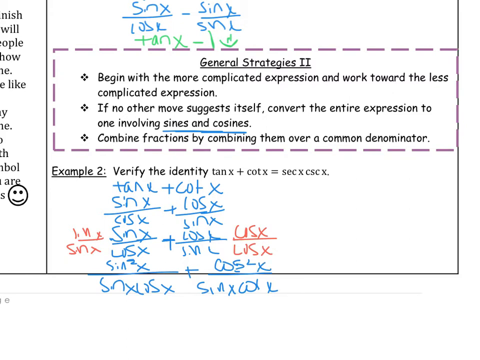I'm running out of room, so I'm going to have to move this up here. So now my denominators are the same. I can add my numerators, so I could write that as sine squared x plus cosine squared x over our common denominator, which is sine of x times cosine of x.